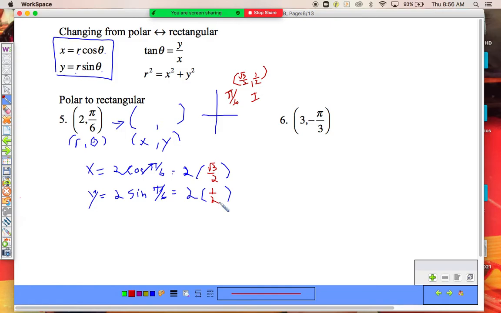So x is square root of 3 over 2 times my r value, which is 2, and I get square root of 3. 2 times the sine of pi over 6 is 2 times 1/2, which is 1. So the ordered pair in polar, 2 comma pi over 6, is the same as the ordered pair square root of 3 comma 1 in rectangular.